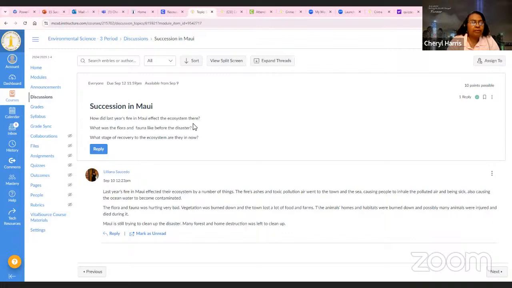How did the fire affect the area there? Looking at the picture that I just showed you, you want to talk about what it looked like before the fire happened, what kinds of trees and animals were there before the disaster, and what is the stage of recovery now?